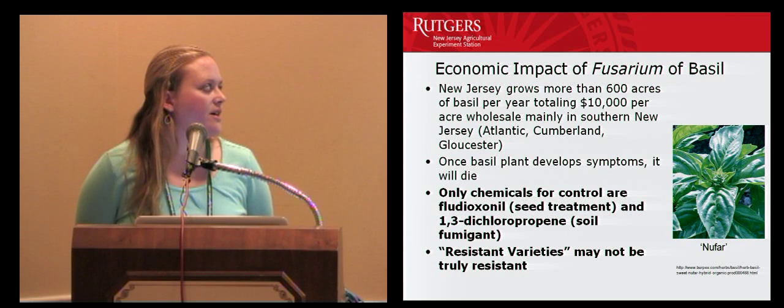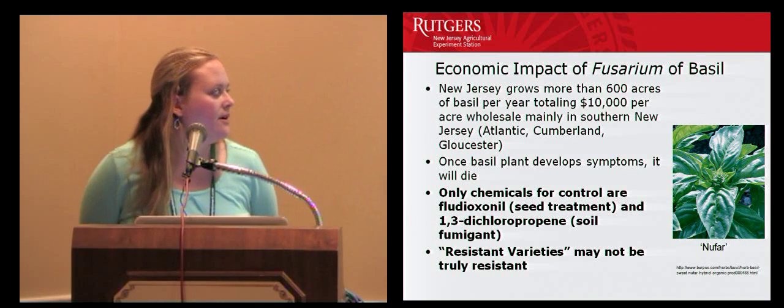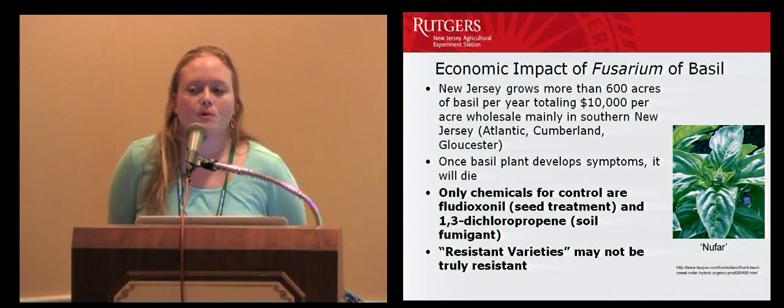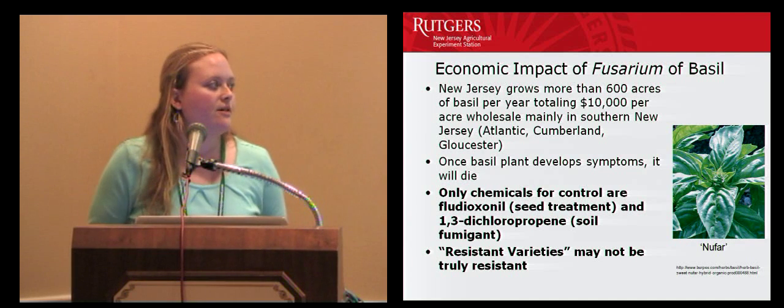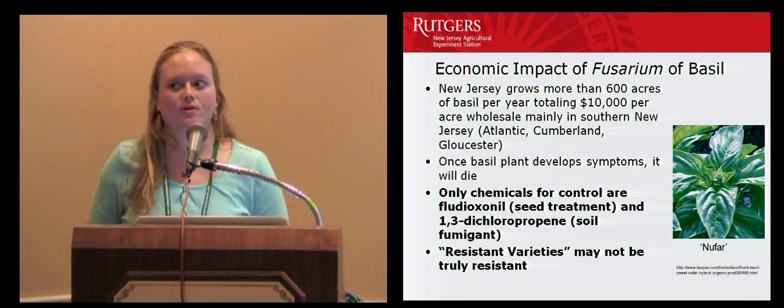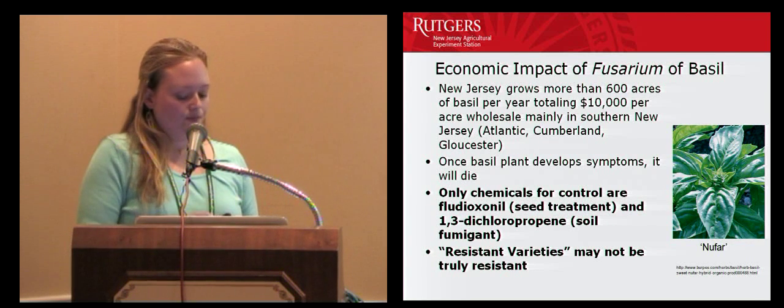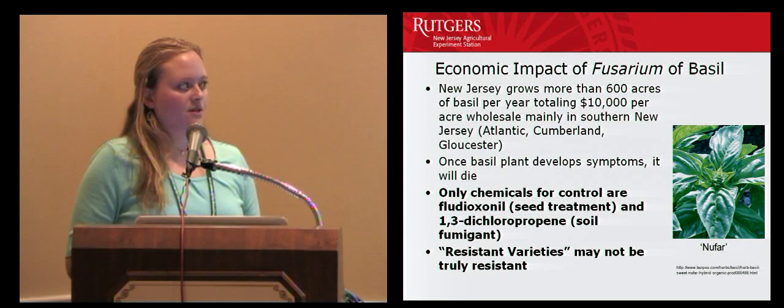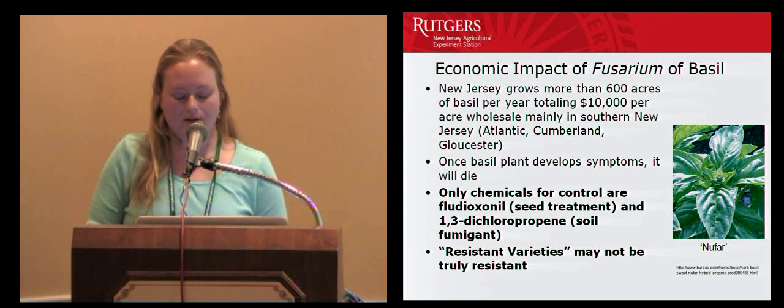But 1,3-dichloropropene is still in the market. And most importantly, what we've just found out is that the resistant varieties may not be truly resistant. One of these examples is New Far, that's on the right here.